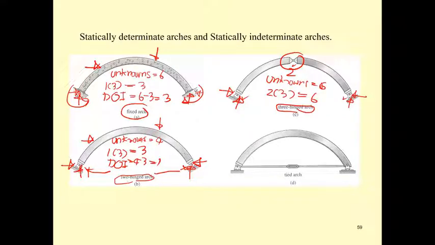So this 3 hinge arch is a kind of statically determinate arch, okay, and the other, the Tie arch and the fixed arch, is a statically indeterminate arch.